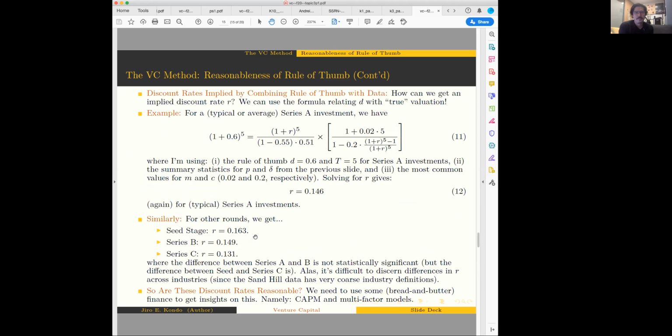Okay. So then I asked, well, is 14.5% a reasonable return overall on VC investments? Remember I said that Sandhill Econometrics develops an index of VC investments?